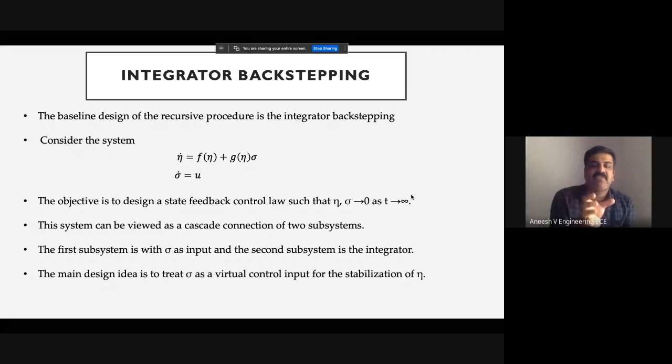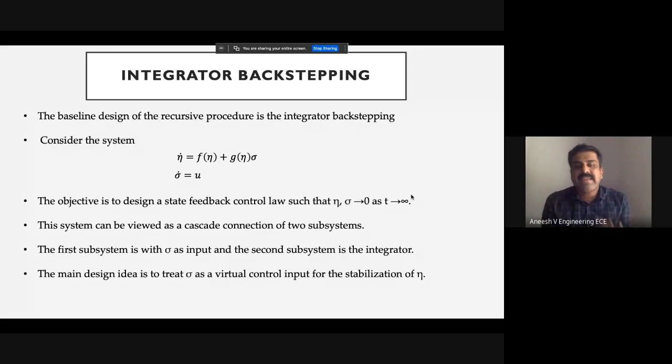You can see that f of eta plus g of eta sigma, the system can be viewed as a cascade connection of two subsystems, f of eta, g of eta, zeta, sigma. So the first subsystem is with sigma as input, and the second subsystem is an integrator.